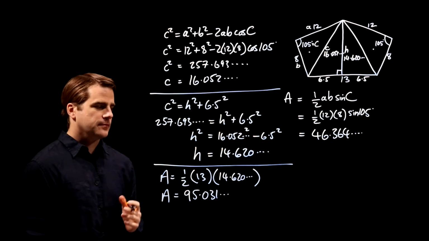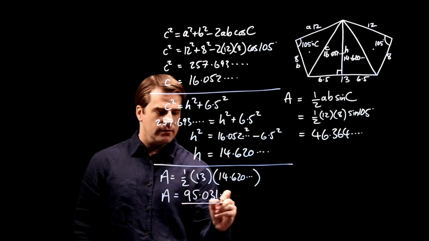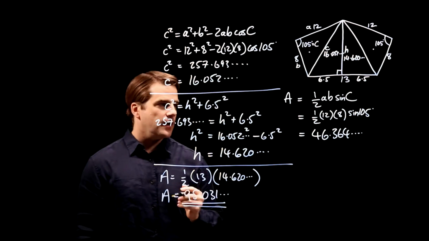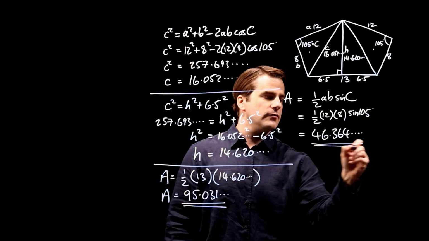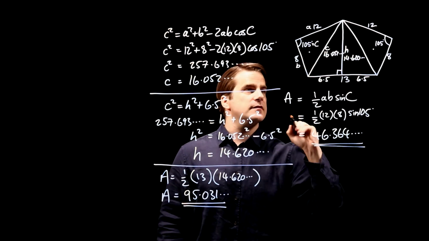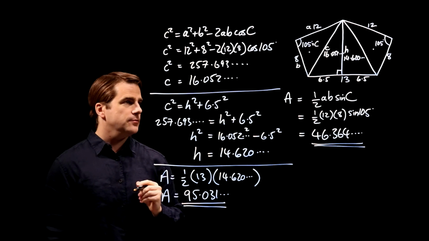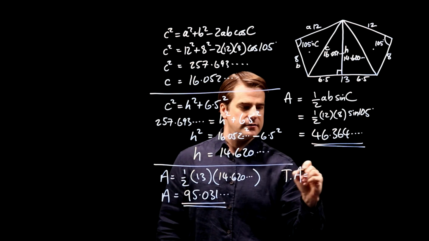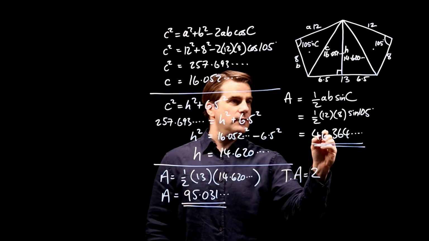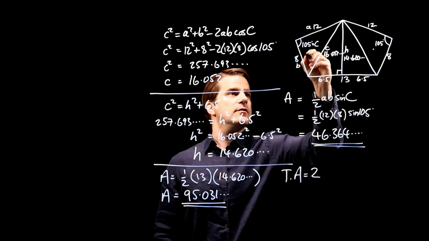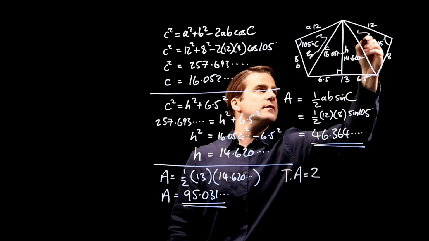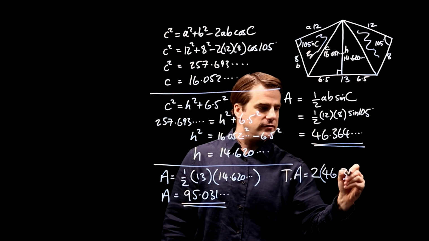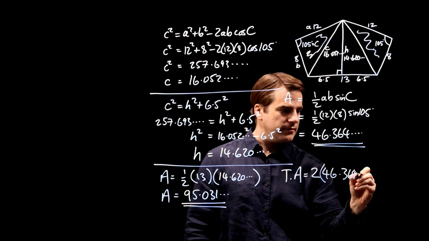Right, well, we've done it. We've got the area of this central thing, and we've got the area of both of the two side ones. So the total area is two of those, this bit here and this bit here, which is 246.364. Dig that out of your calculator's memory.